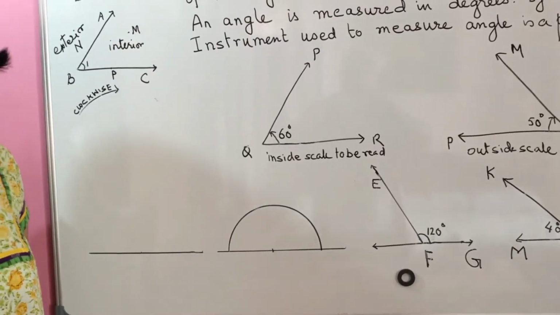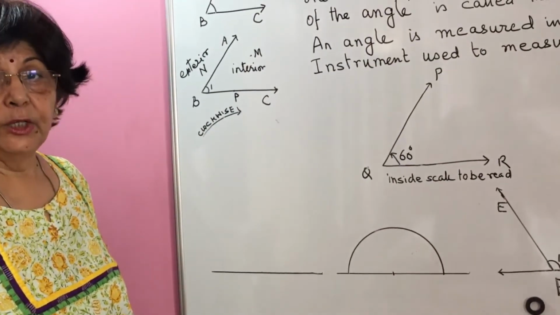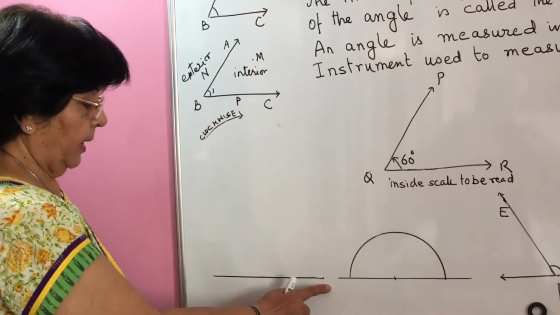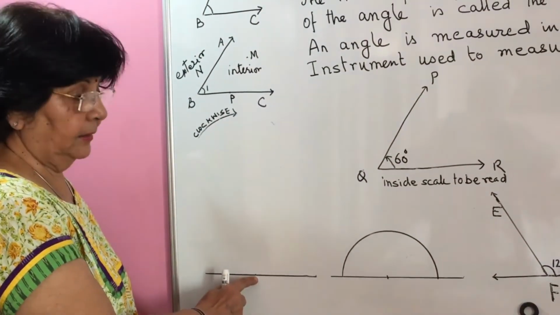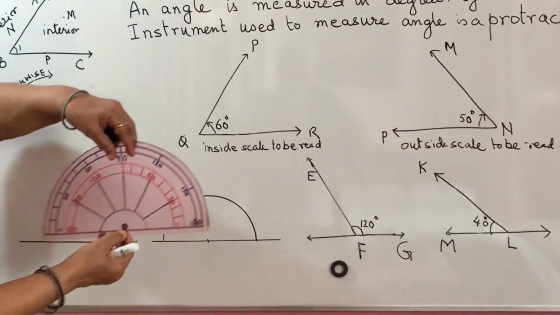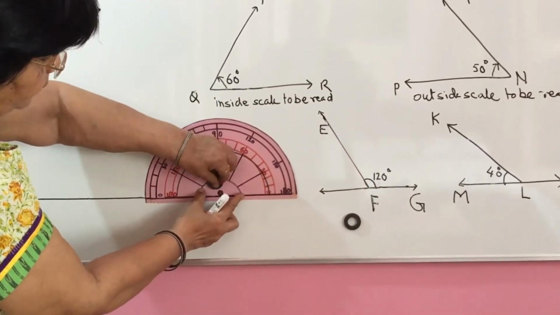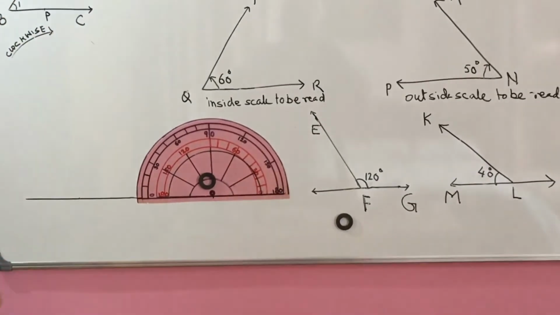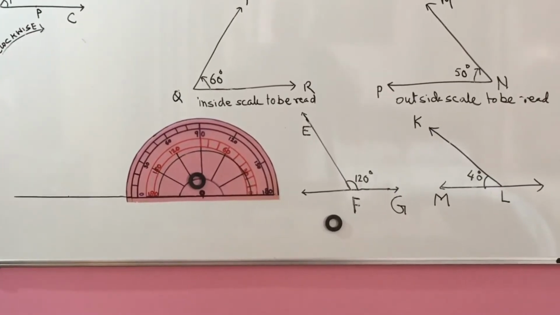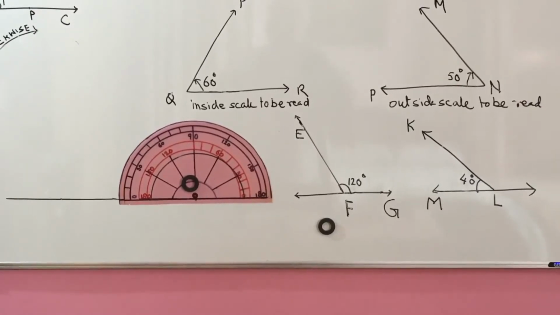We can also use a protractor to draw an angle equal to a given measure. To do this, first we draw a line with the help of a scale and we choose a point on the line. Now the point on the line will come here and we place the protractor so that the center of the protractor is on that point on the line. Now, what is the angle that I have to draw? I have to draw an angle of 120 degrees.